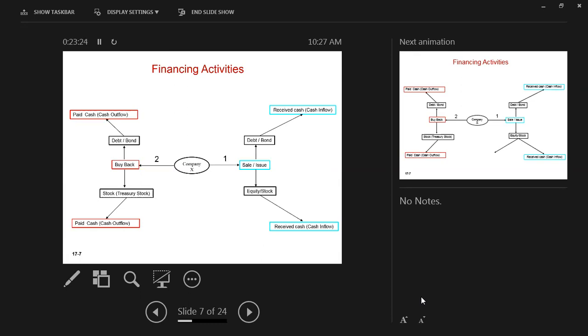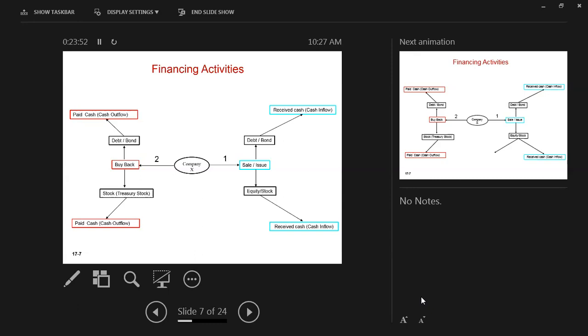Now you know that if you sell bond, you have to pay them interest, right? Where should we transfer this interest? You sell bond and you collect money from other people, and you have to give them interest expense. Where should you transfer this interest expense? Interest expense should go to the operating activities, right? So interest expense should go to the operating activities.